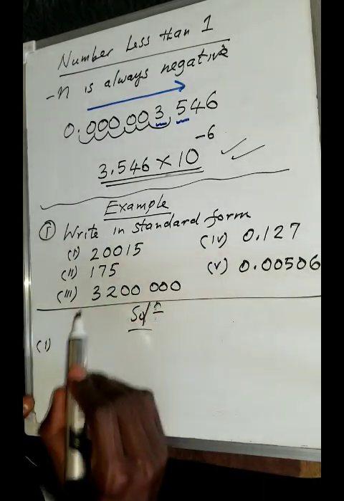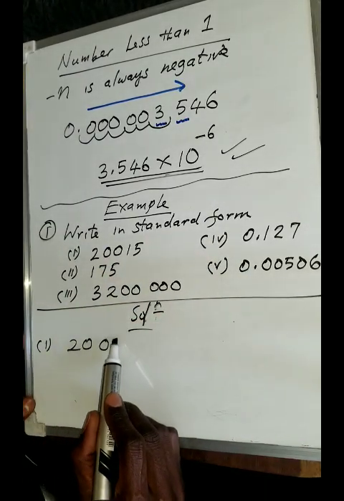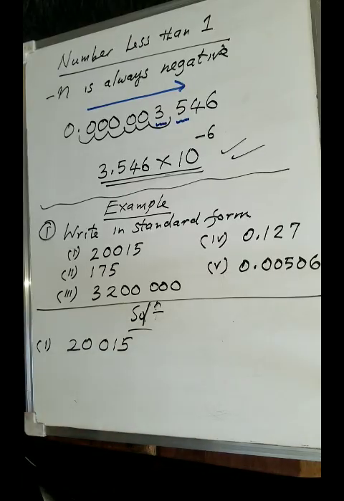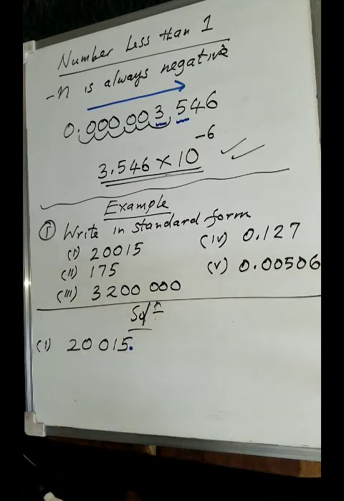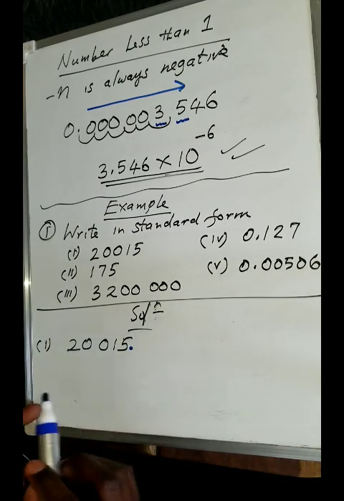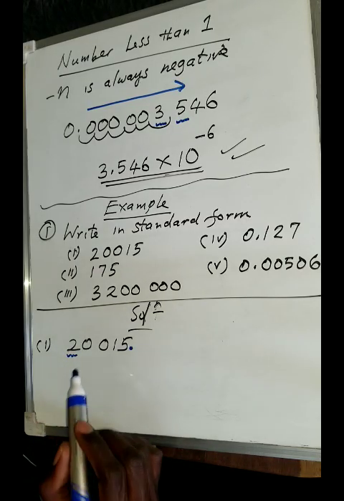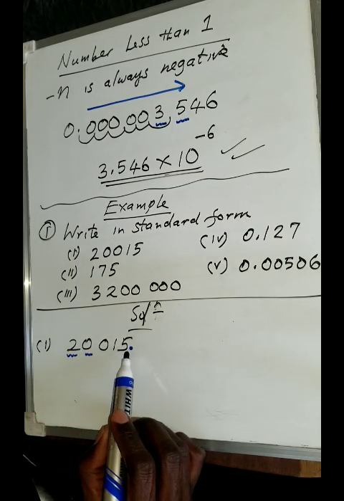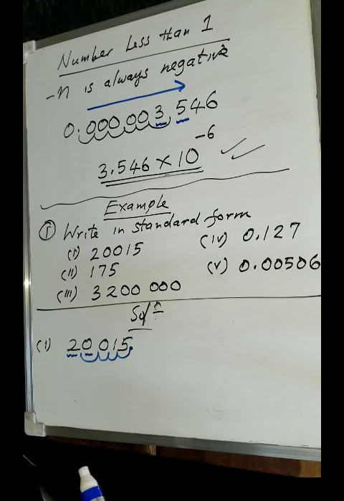Write in standard form, that one is 20,015. Look at where the decimal point is. If you don't see it, it simply means it's at the far end of the number. Where are we going to stop it? Between the first digit to my left and the second one. We'll move it 1, 2, 3, 4 times.